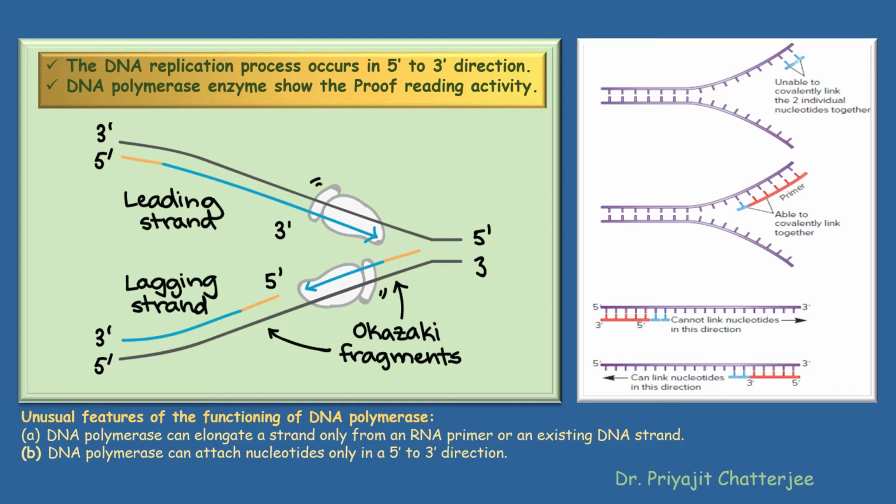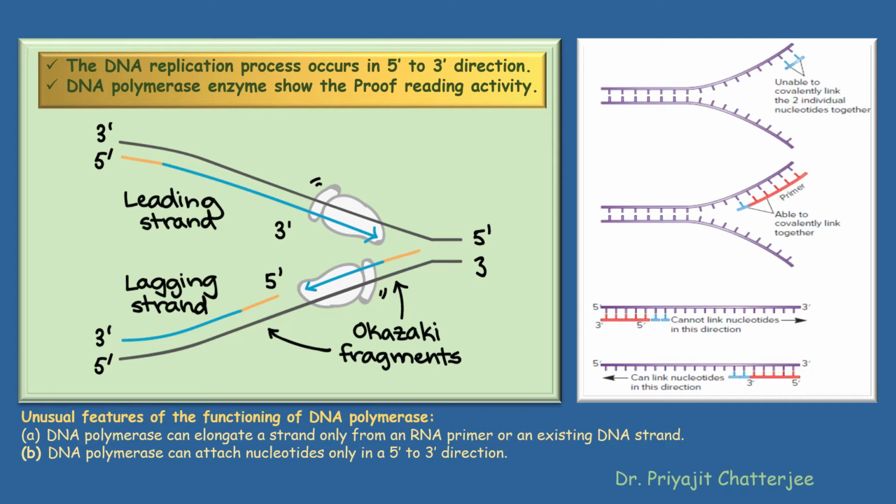Processivity means the number of nucleotides added before the DNA polymerase 3 enzyme dissociates from the template DNA complex. So it has more than 5 lakh processivity, which means that more than 5 lakh nucleotides are added before the DNA polymerase 3 enzyme dissociates from the template DNA complex.